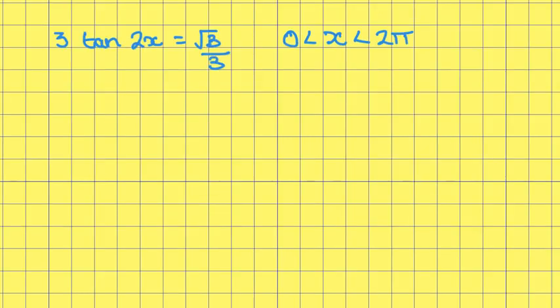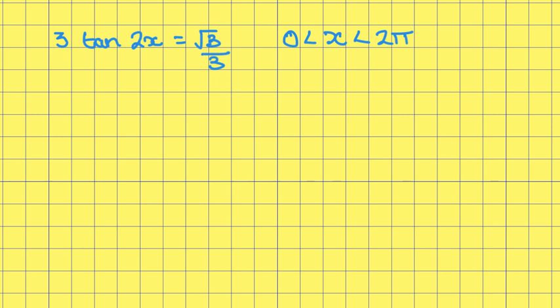Question 3. Tan 2x is equal to root 3 over 3 for the values of x between 0 and 2 pi. So this says tan 2x. Our domain we are given is for x. So the first thing we have to do is alter our domain. And we do that by multiplying everything by 2, so we can get the domain for 2x.